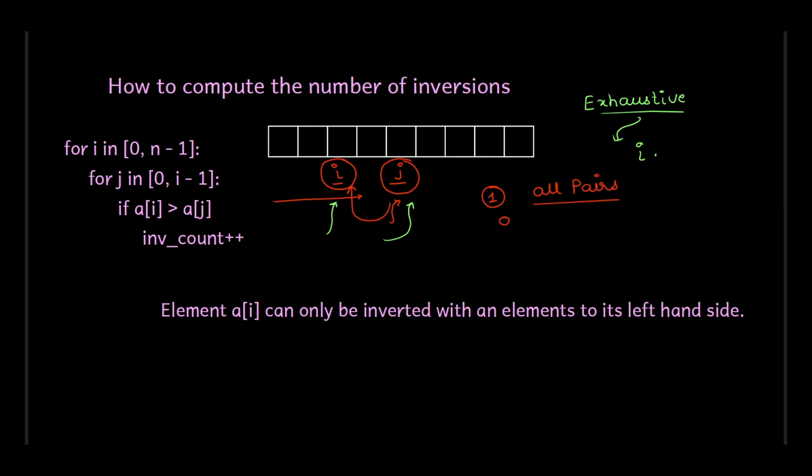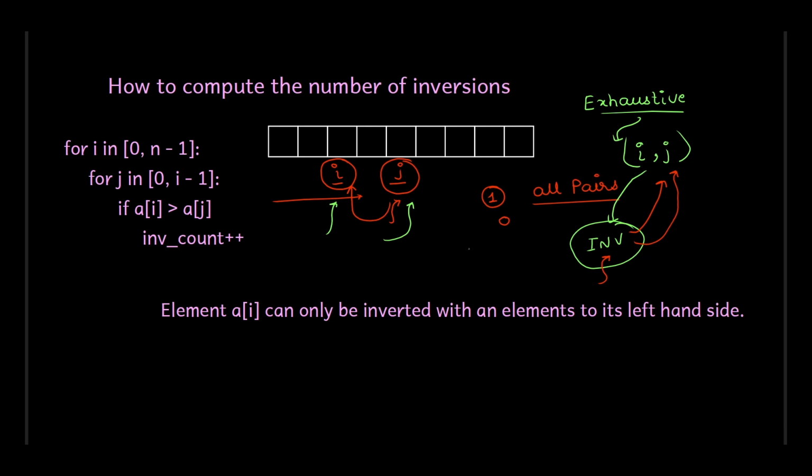If i comma j are inverted, then they will contribute to the inversion count of the final array. But you also have to check the other way around: have you missed any pair? You can see that we haven't missed any case, because if two elements are inverted, then they would be counted in some i comma j for sure.